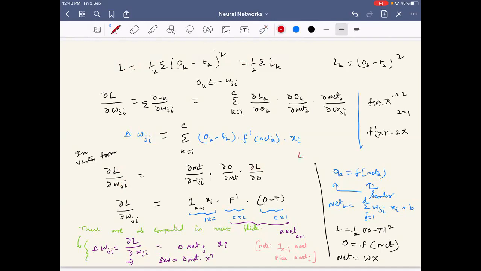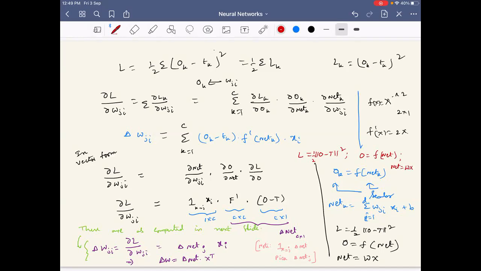L is a function of (O minus T) whole square in vector formulation, and then O is a function of the net value by element mapping, and net is equal to W into X. These are the relations we had.